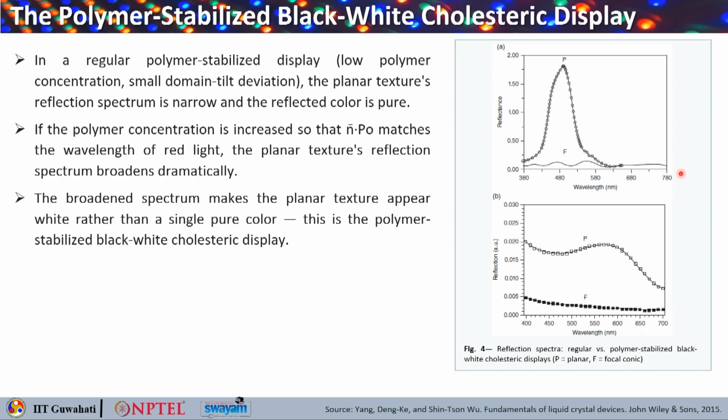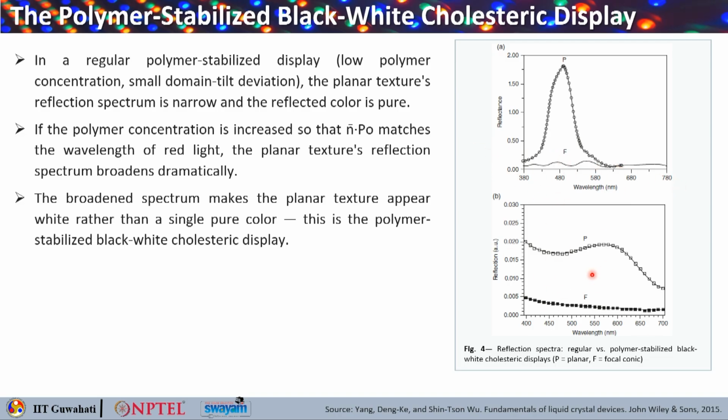This is the regular one and this is the polymer stabilized one. So these spectrum plots show the regular polymer stabilized versus the black white polymer stabilized cholesteric displays, each showing separate curves for the planar and focal conic textures across the visible spectrum, as I mentioned.